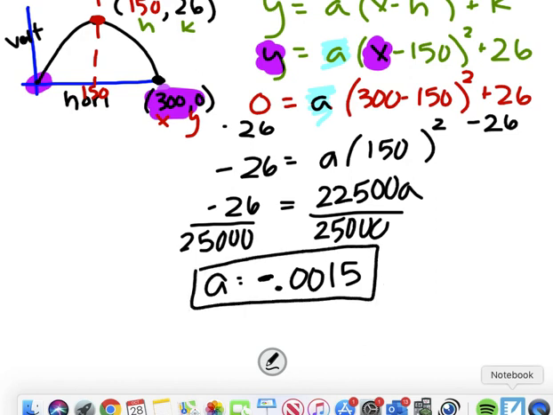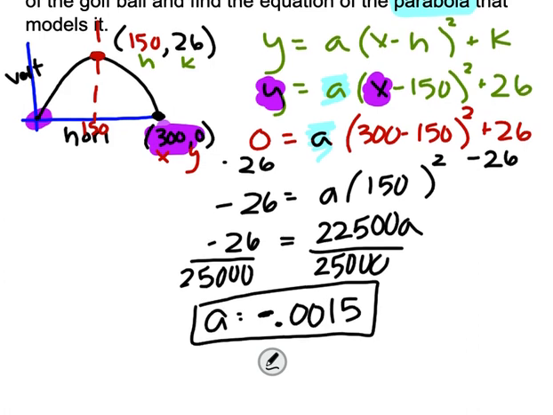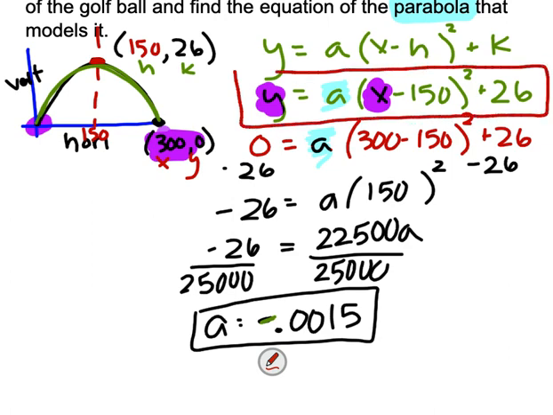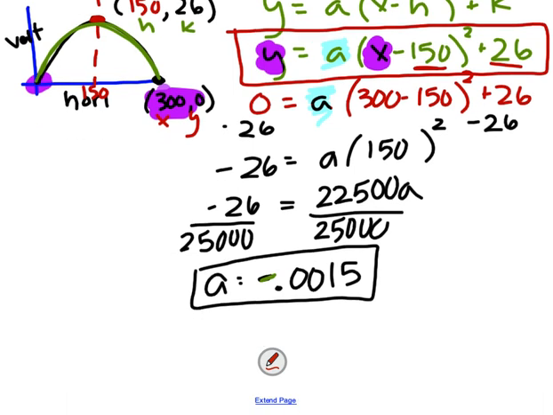Can you think why it makes sense that the a value would be negative? Hopefully your room right now is saying, oh, Miss Milton, because it's an upside down parabola. It's been reflected vertically, so it makes sense that the a value is negative. So we're going to take that answer and plug it right back in, because to have the formula done correctly, I need the 150 and I need the 26.